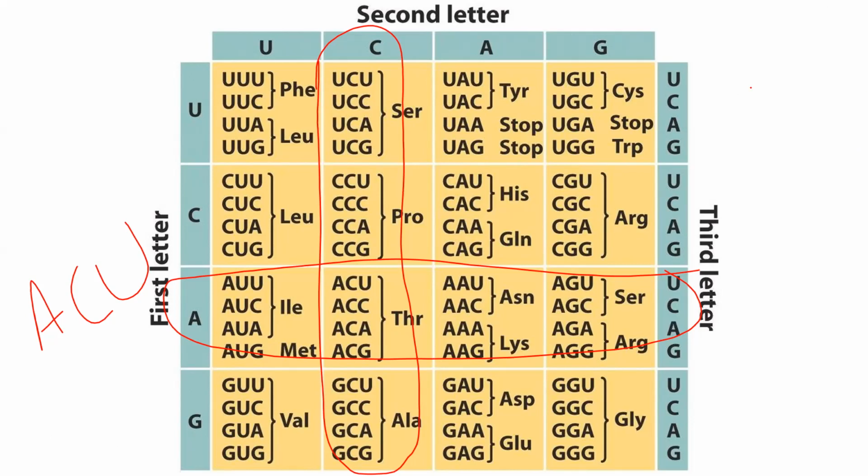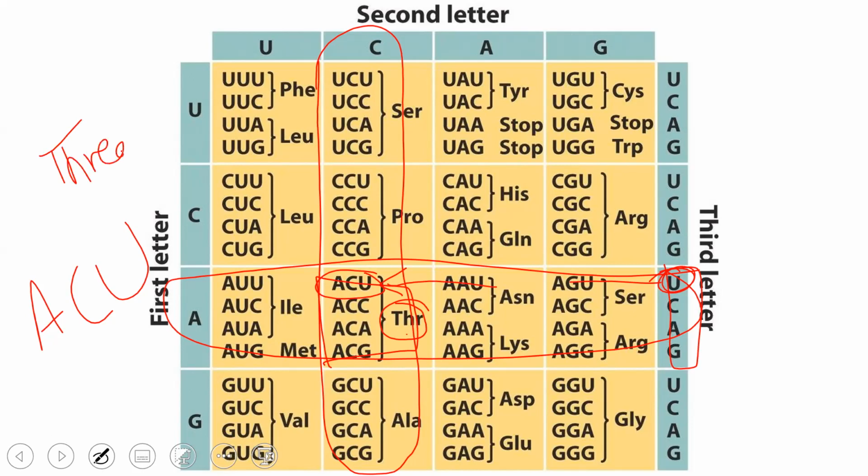So this is the C. And then the third one, now both of them are combining over here. So this is my final box. I'm going to have to use this, and then my U is over here. So my line is this line, which means ACU comes here, and that's for the amino acid THR, which is threonine. And don't worry about learning their names. You'll get used to them, or you'll get a table with full names. This is usually the table that's given, so you can just write THR amino acid as well if you don't know the full name.